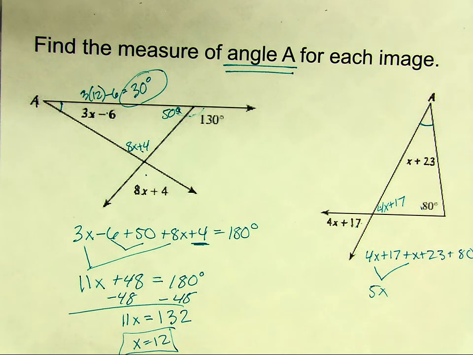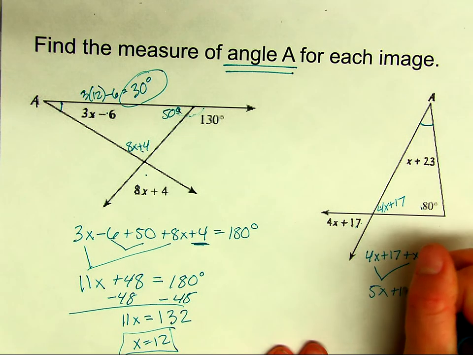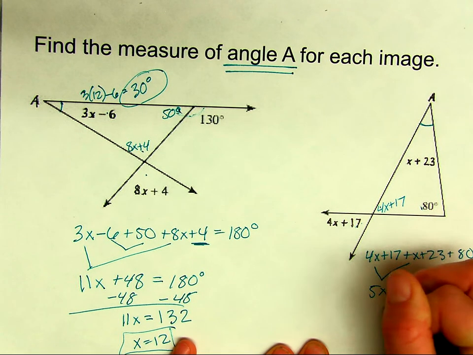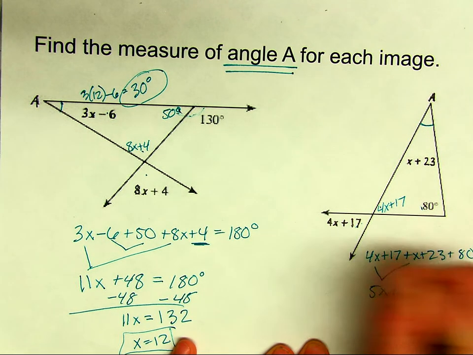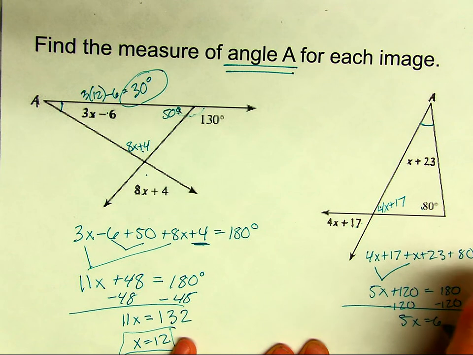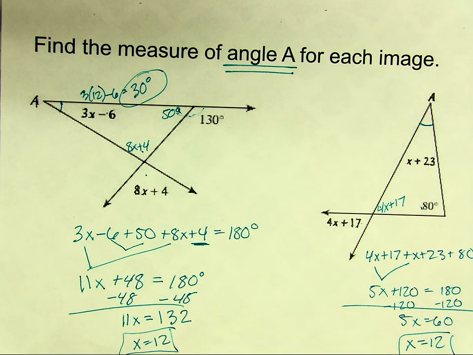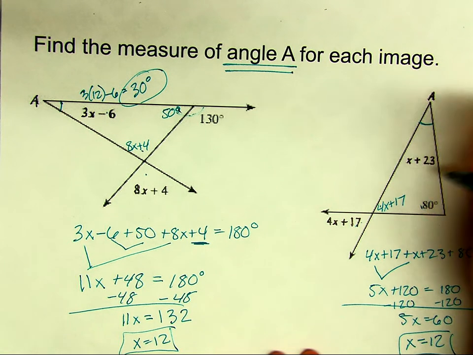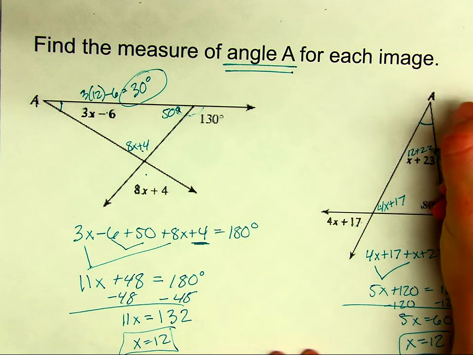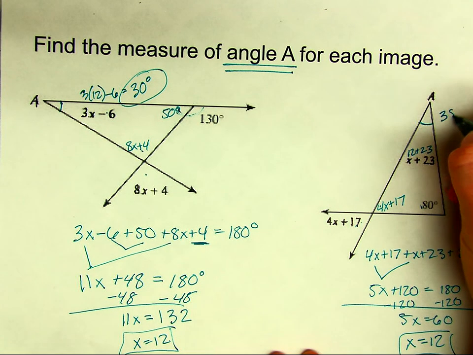So I got 5x and then 17 plus 23 plus 80 gives me 120. So 5x is equal to 60. x is equal to 12. So plug 12 in here, plus 23 gives you 35 degrees.